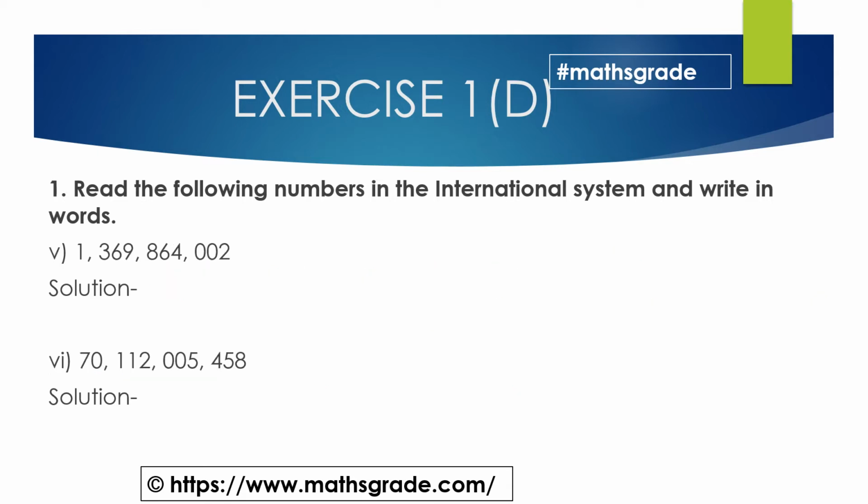Now we solve question number 5. 1,369,864,002. This is billions place, this is millions place, this is thousands place, and this is hundred place.